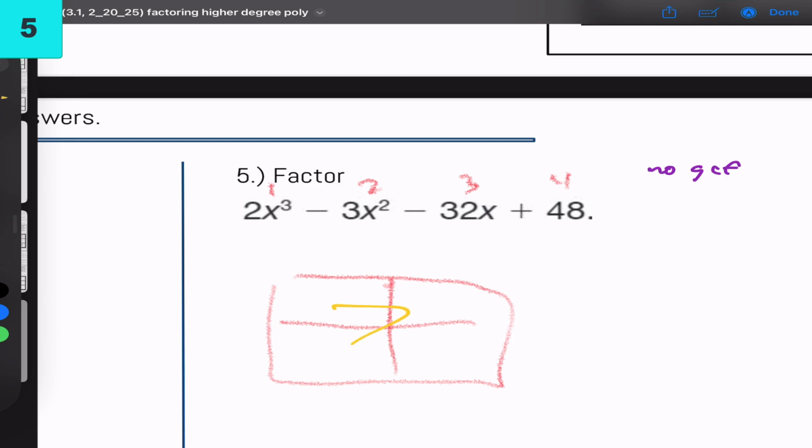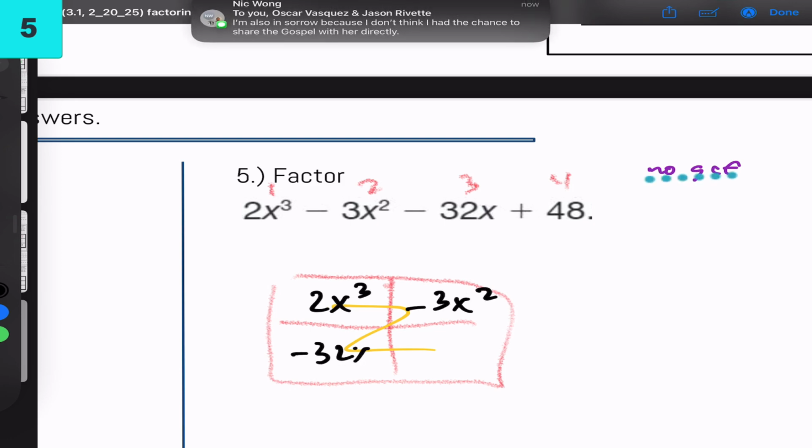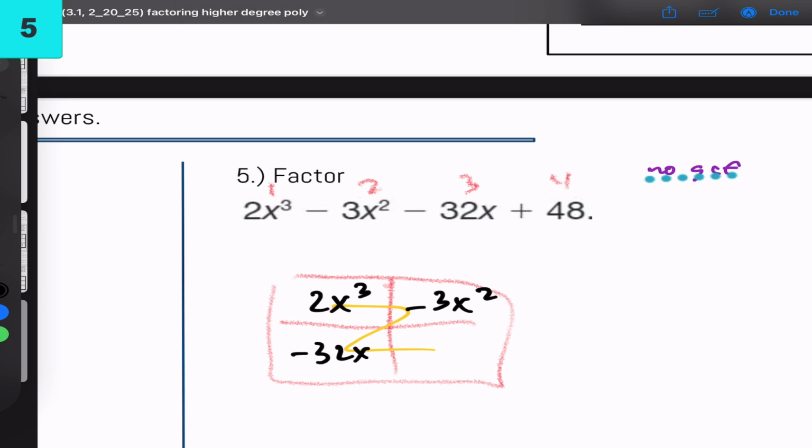So we're going to do it in the form of a Z. So 2x to the third minus 3x squared minus 32x plus 48. Okay, so we need to think of things that multiply. Pay attention. I'm not going to put a 2x squared out here because you can't eventually multiply 2 times a number to get negative 3.